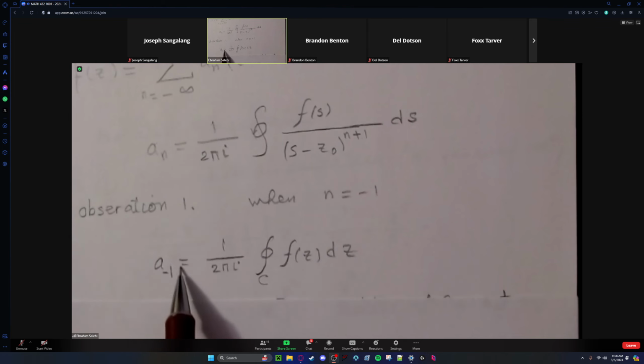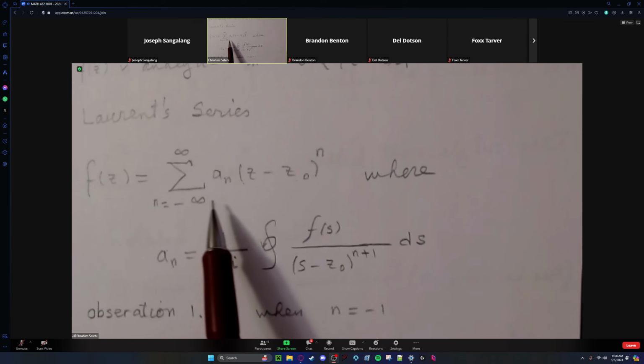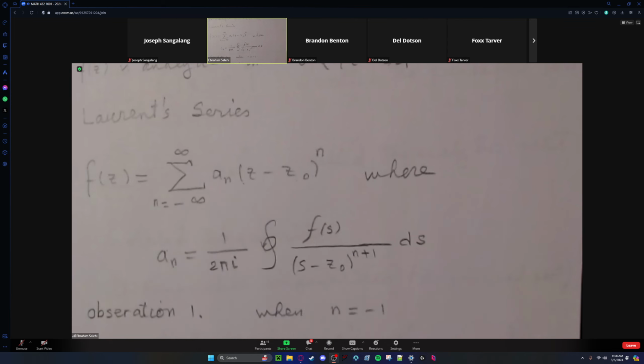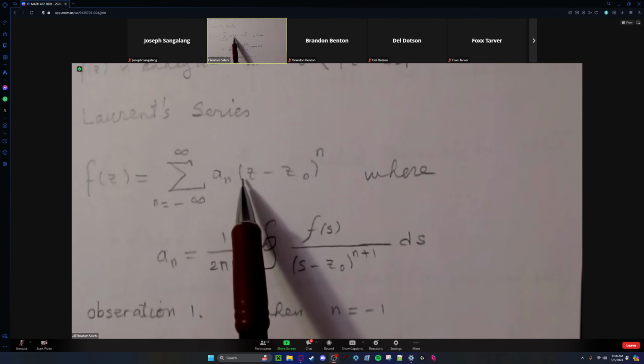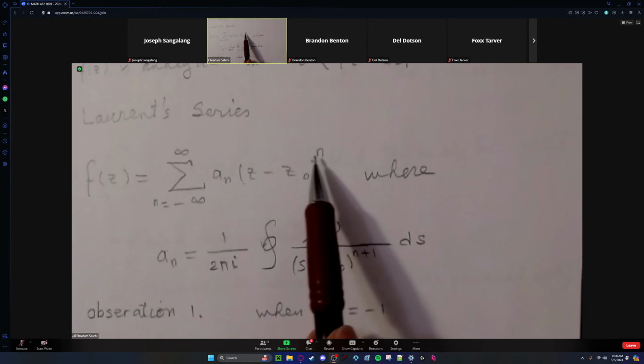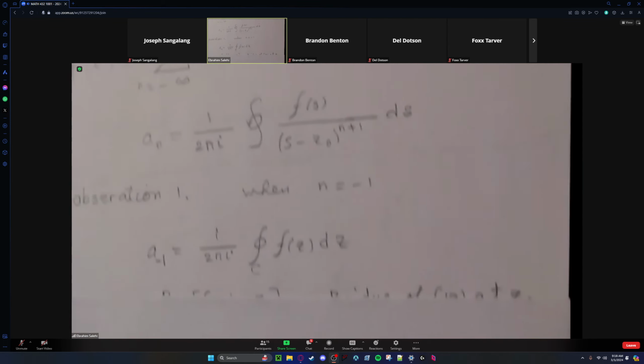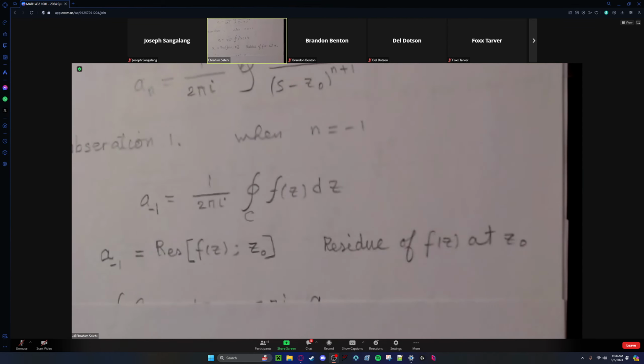What is this? This is the coefficient in the Laurent series. A_-1 is the coefficient of 1 over z minus z0.